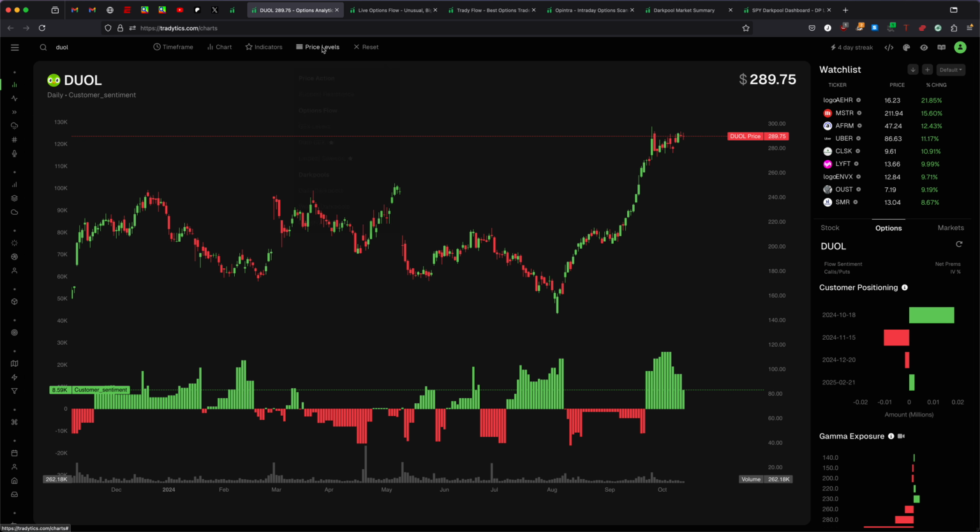We have a smaller GEX pull down at 280. And we have our largest positive GEX, or GEX repellent, up at 300.